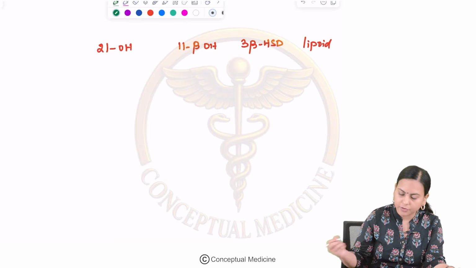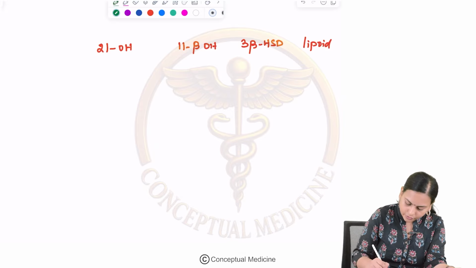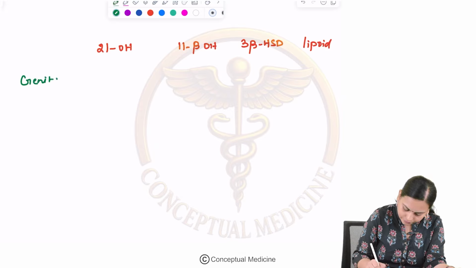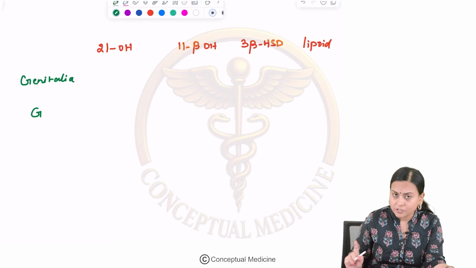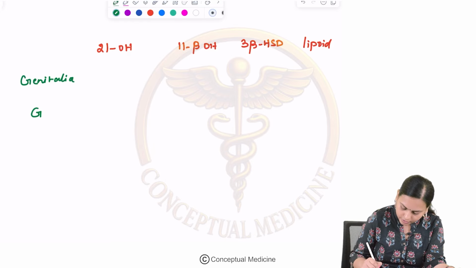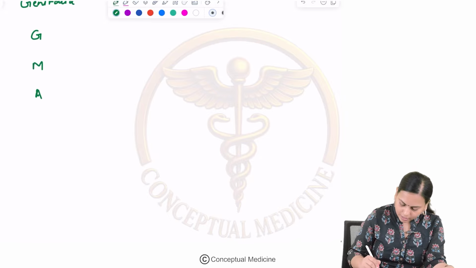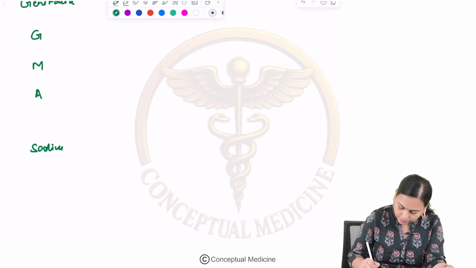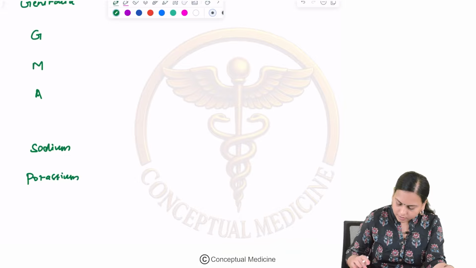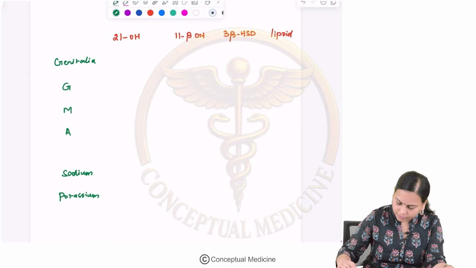Okay, the features we are going to discuss in all these 4 types include your genitalia. Okay, what about your glucocorticoids? I am writing G only, but it is glucocorticoids, your mineralocorticoids, and about your androgens. What about your sodium, potassium, and the metabolite that is elevated.